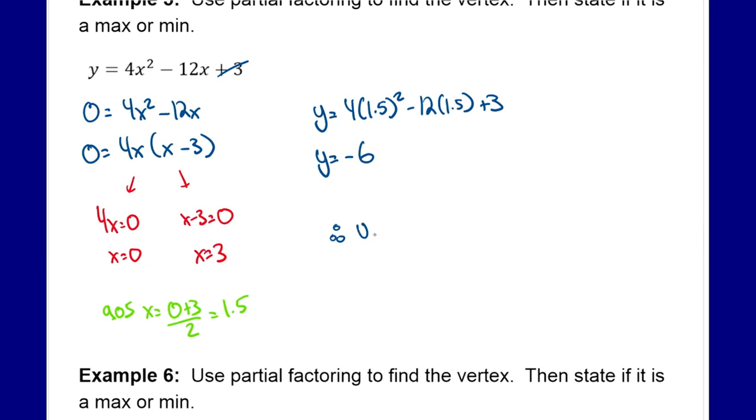So therefore, the vertex is 1.5, negative 6, and it is a minimum point. Again, it opens up due to that a value of 4.